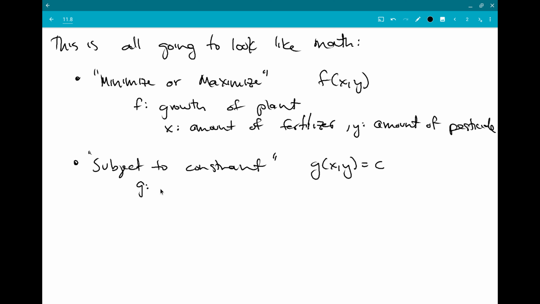So g could be like cost of buying X and Y. C could be dollars I own.